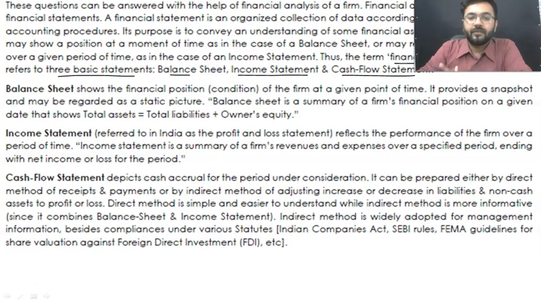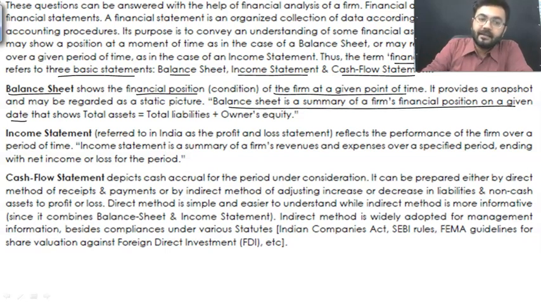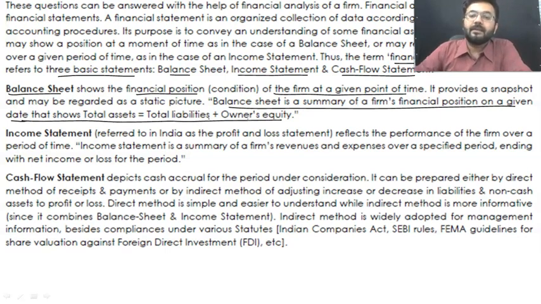Whatever I have written over there is elaborated over here in the book itself. So financial position of a firm at a given point of time, right? It is a summary of the firm's financial position on a given date that shows total assets equal to liabilities and owner's equity, or you can call it shareholders' funds.